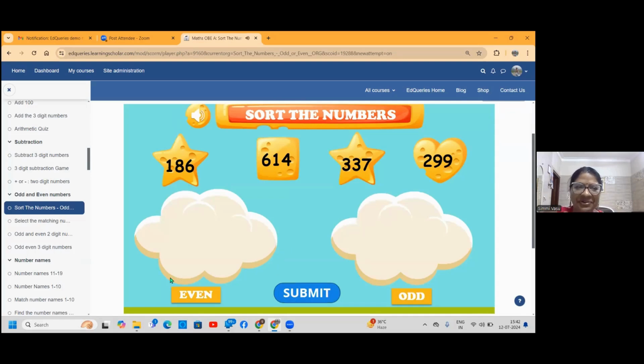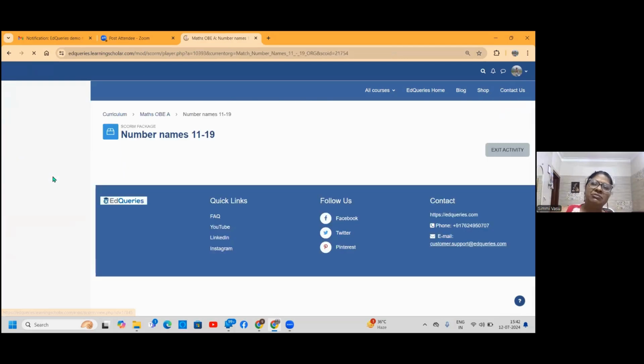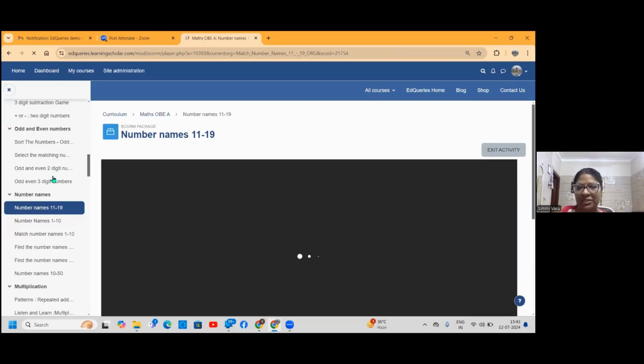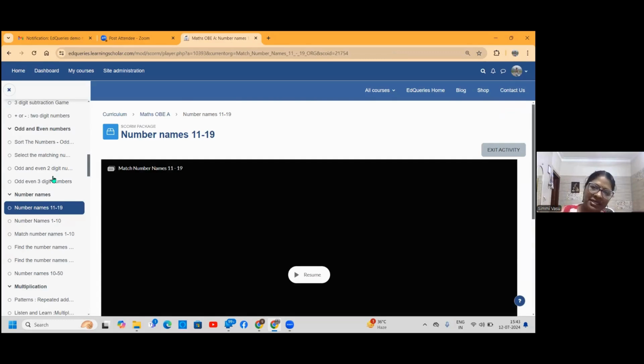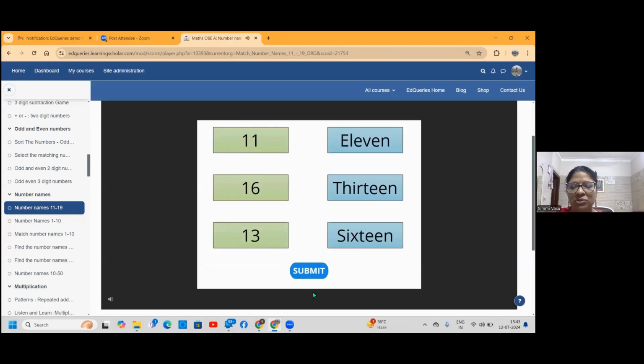I got the odd numbers. Now, one of the most important topics which I have seen is knowing number names from 1 to 100. That is there in the curriculum. So do prepare your child for number names. In this game, practice dragging the numbers to their matching number names.